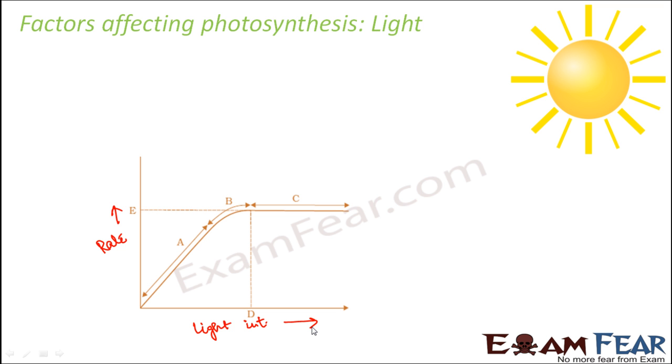Actually, the rate of photosynthesis is not determined by any one factor. It depends on multiple factors like light, temperature, water, and carbon dioxide concentration, so as long as it is dominated by one factor, the other factors might not bring about a change. Let us see the dependency on light.